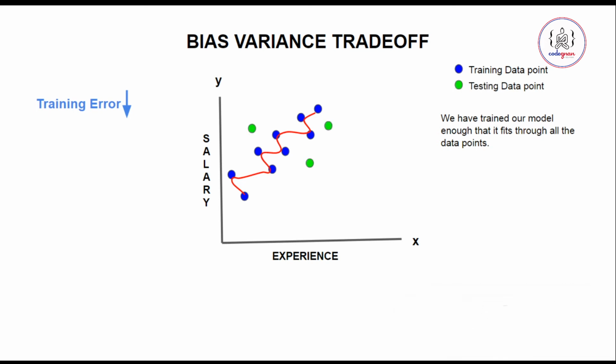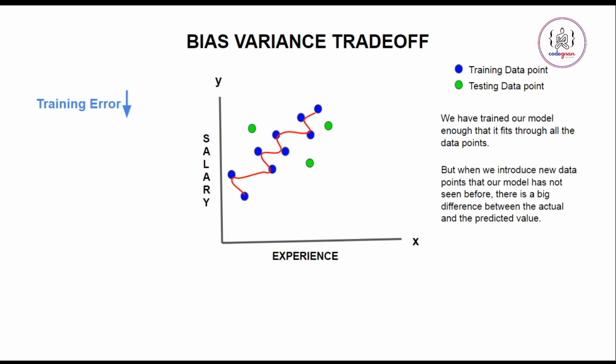Now if I introduce new data points that my model has not seen before, represented in green, there is a very big difference between the actual and the predicted value. So we are going to have a high testing error. When we test our model on unseen data, it gives a high error.